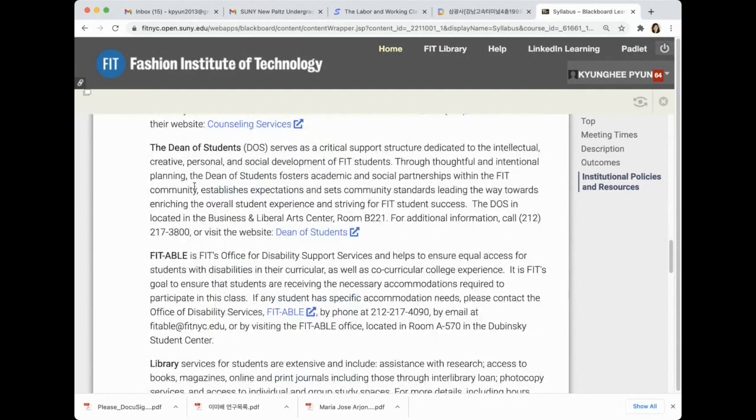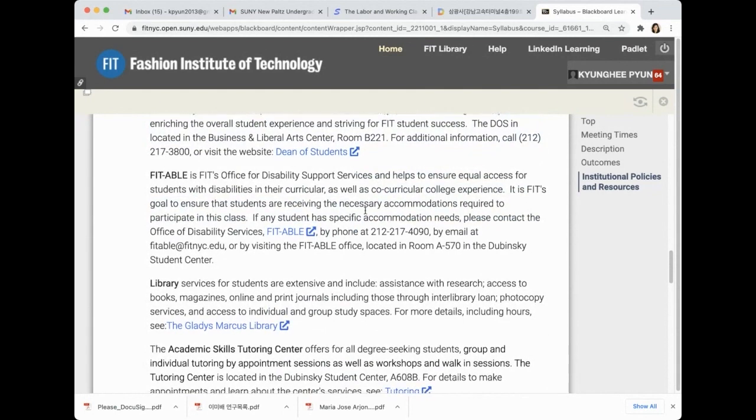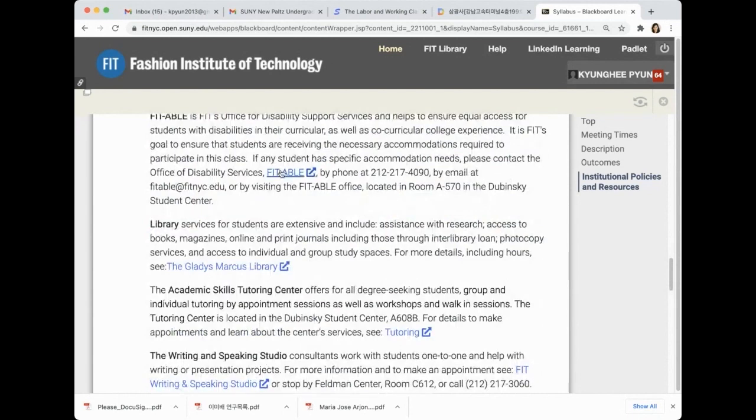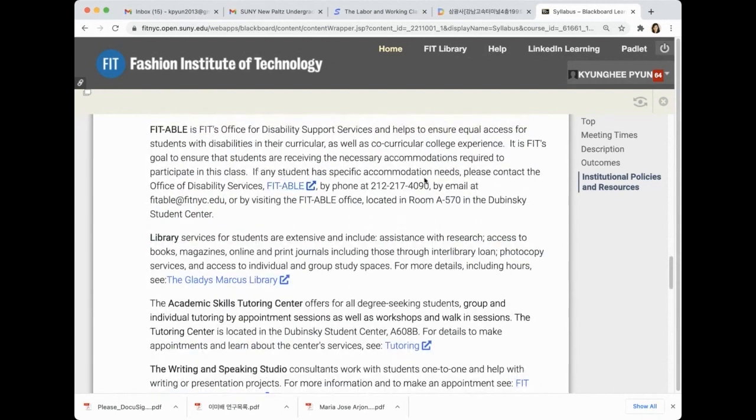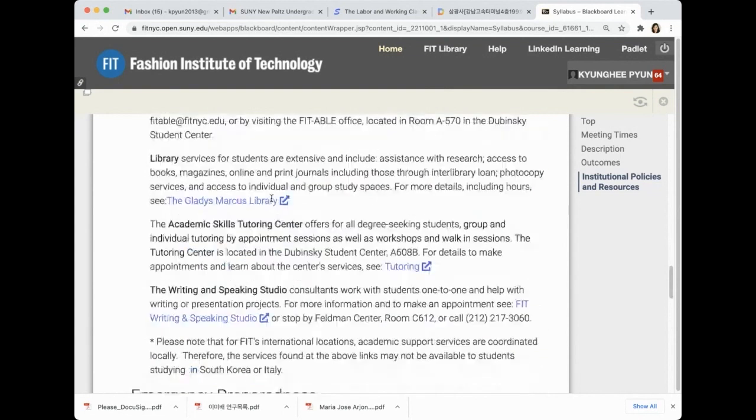And the dean of students is for your behavior and other concerns, right? Some professors never meet live, even though it's a remote learning class. Then you can talk to the dean of students. Then accessibility services: if you are eligible, let me know, so you can get double the time and a half. All kinds of support.